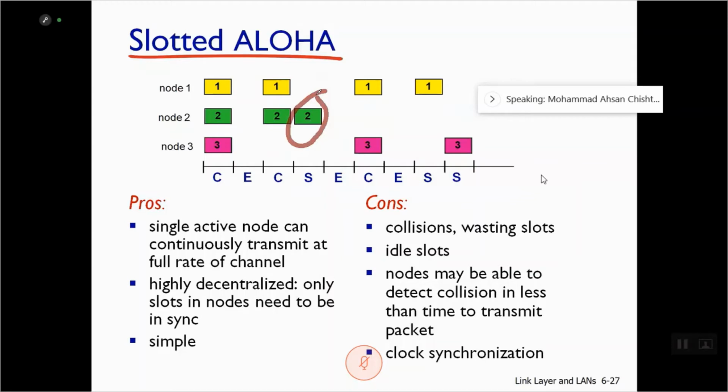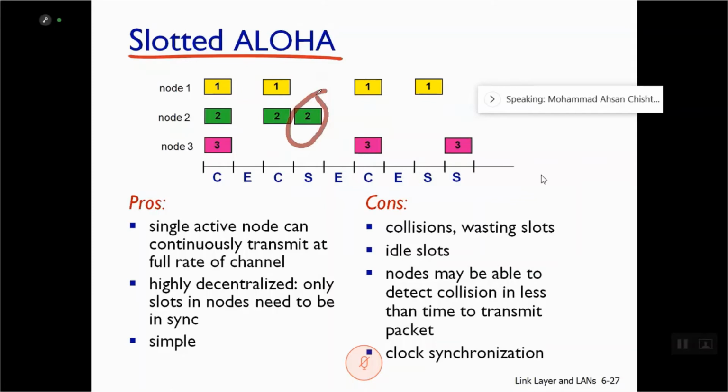So in case of TDM, it used to be R by 3 here. But in this case, it would be R, even though there are 3 nodes that are transmitting. So the good thing is that you get to transmit at the full rate of the channel.